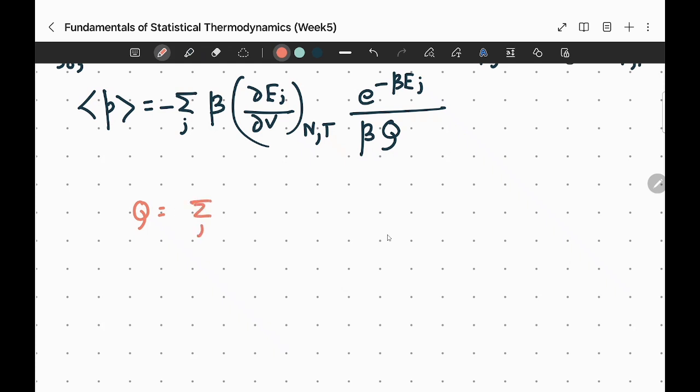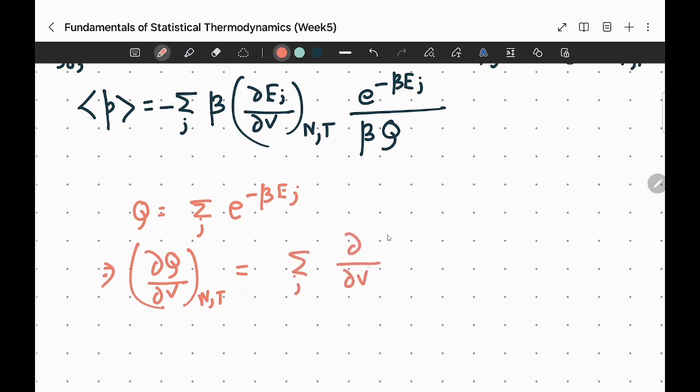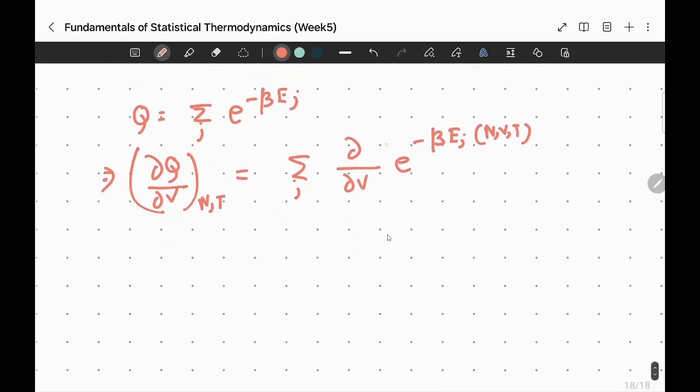Q is sum over j e to the power minus beta Ej. So if you calculate del Q del V, then what will be sum over j del V of e to the power minus beta Ej, where it is a function of N, V, T. Correct? Okay, so what is constant here?